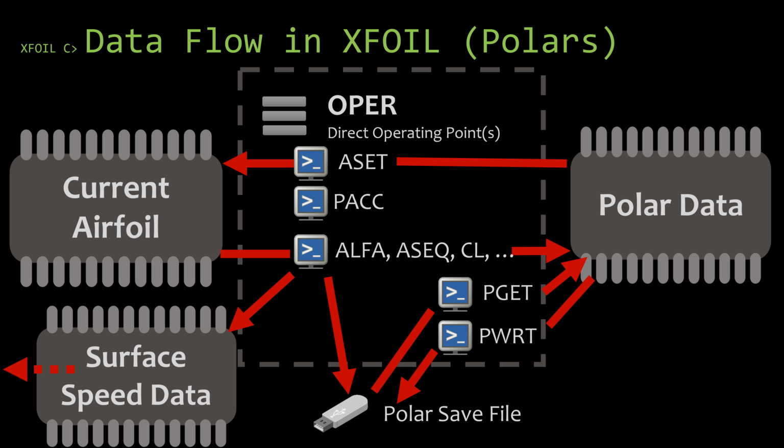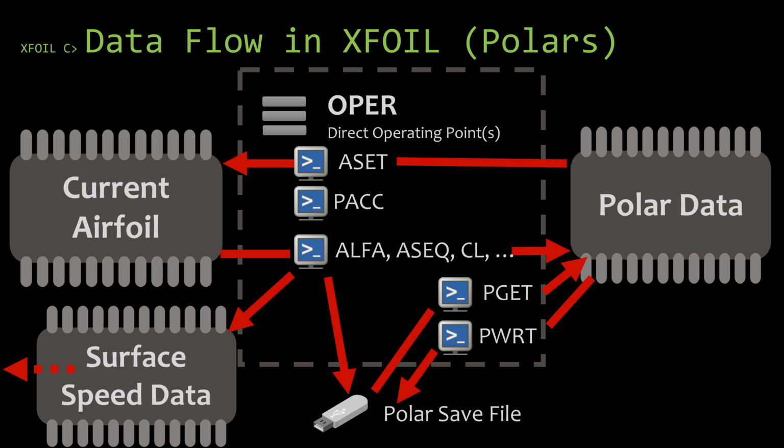On this slide, we're going to talk about the data flow in Xfoil for performing analysis or trying to determine some of the polars, the drag polars of a particular airfoil shape. At this point you should already have an airfoil in the local memory.